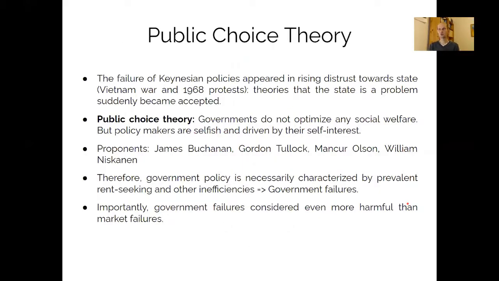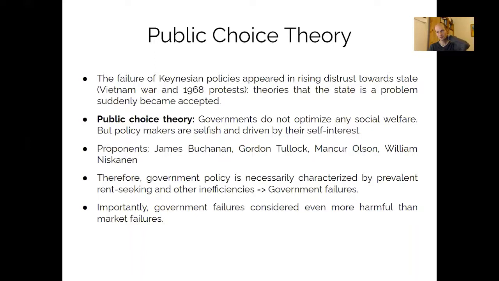The second key component of the shift of the theoretical framework of economics in the 1970s was the public choice theory. It's just a very limited and little field in economics, but it has really strong consequences for accepting policies which preferred a limited role of the state.